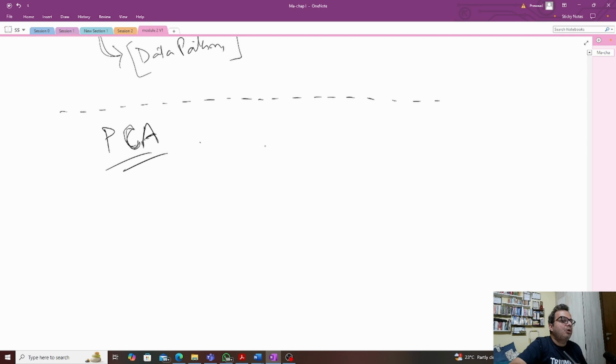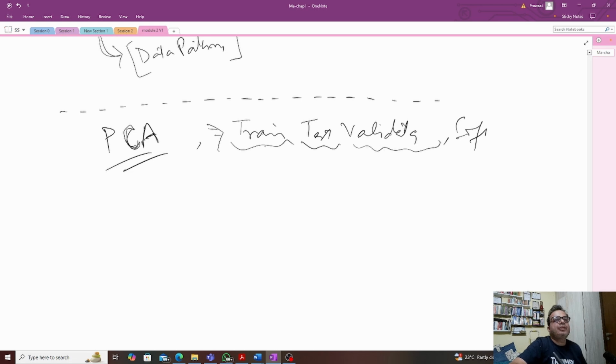Then we'll also talk about the train, test and validate data sets, where you break your data into these three portions, the importance of each one of them, and what kind of software techniques we should use to do all of what we discussed. So that's probably a remaining 20-minute session. I'll put in one more session of 20 minutes, but this is going to be a long session. But I thought that since all of this exploratory data analysis is related, I'd put this in a single video.